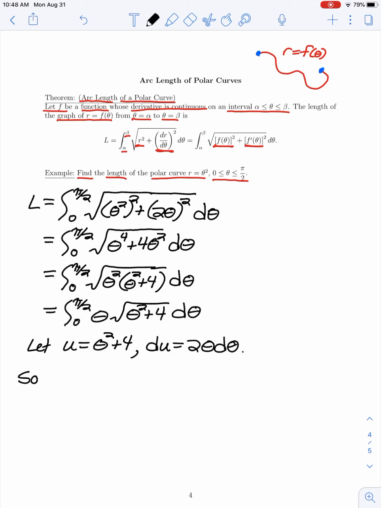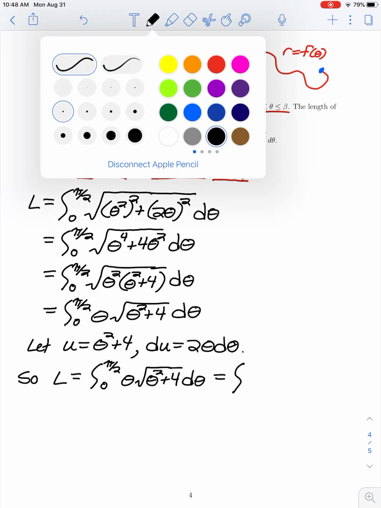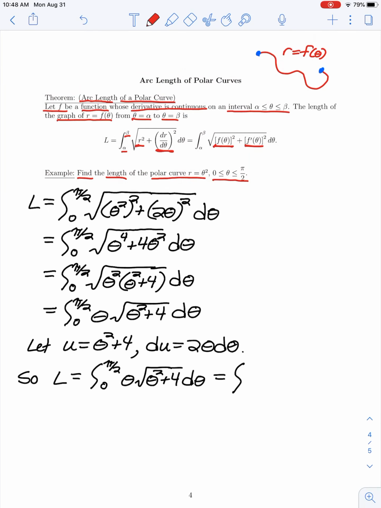So changing my integral for arc length, which was 0 to pi over 2 of theta times the square root of theta squared plus 4 d theta, to an integral in terms of u, let's see what we have.